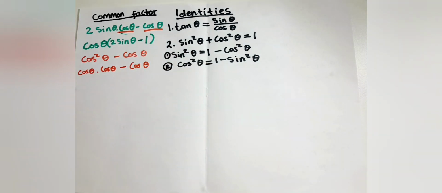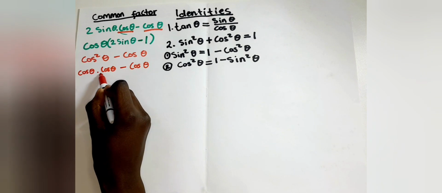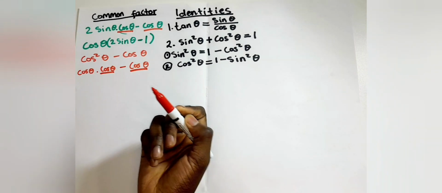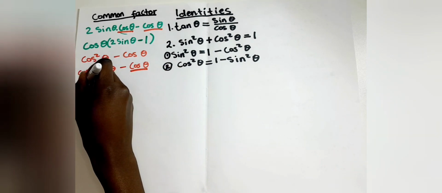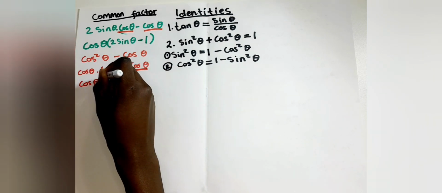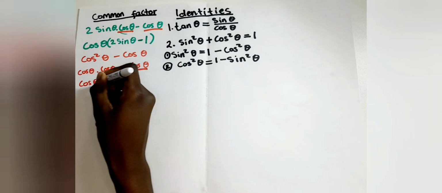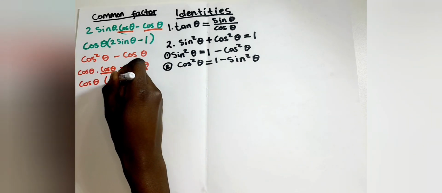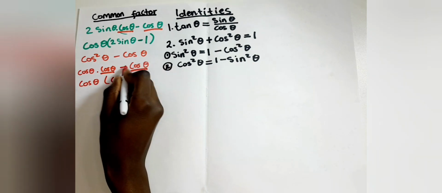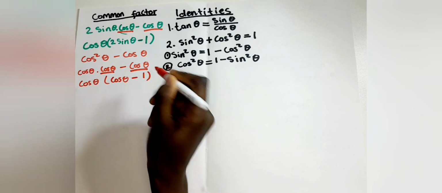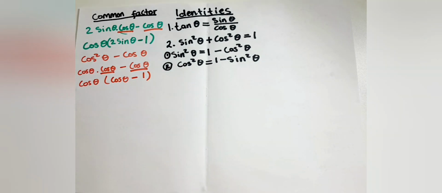What do you see? You notice that cos theta is common to the first and the second term. So you can take out cos theta as a common factor, and to get cos theta times cos theta, you have another cos theta. Don't forget the sign. Because you have cos theta, you put a 1, and now it's factorized.